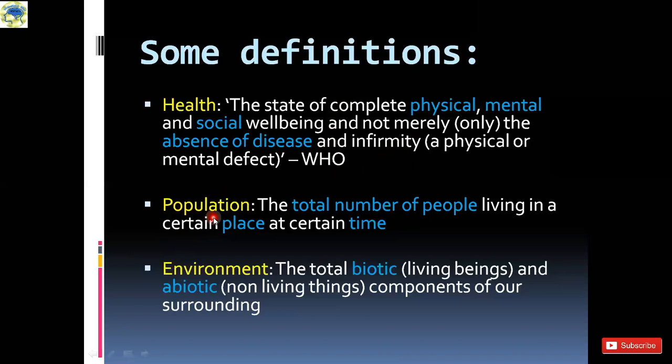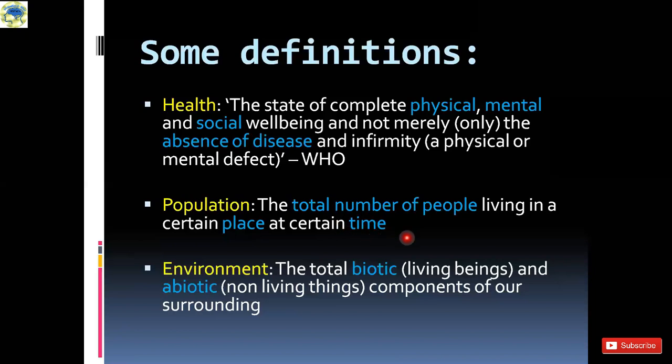And if we go on to define population, we have already seen the pictures, the total number of people living in a certain place at a certain time. So I have already said, when we define population, we have three parameters. One is total number of people, one is certain place, and another is certain time.